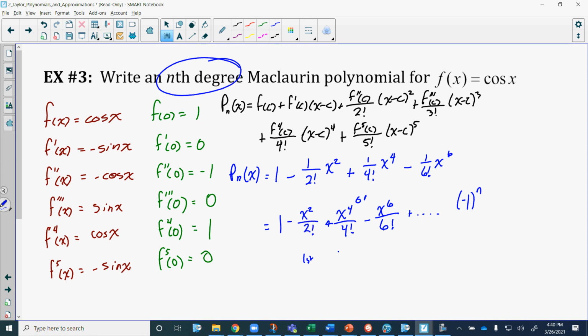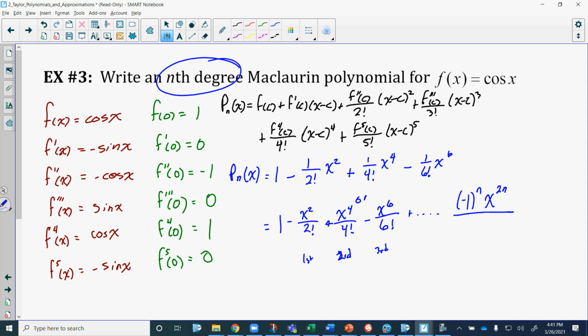The second term times 2 gives me an exponent of 4. This is our third term that we're seeing. So 3 times 2 gives me 6. So I can take whatever the term is, in this case x, and I can raise it to the power of 2 times n.